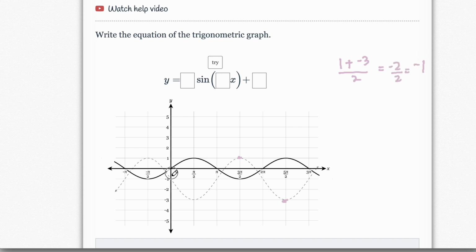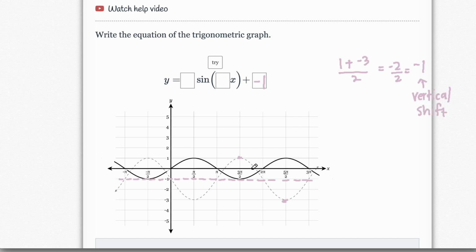That means at -1, that is actually the midline. Again, the midline cuts the graph in half from the top to the bottom, which means we know that it moved down 1. Wherever the midline is, that is the vertical shift.